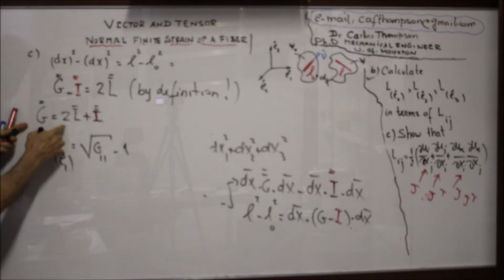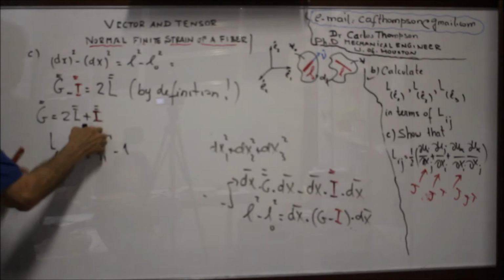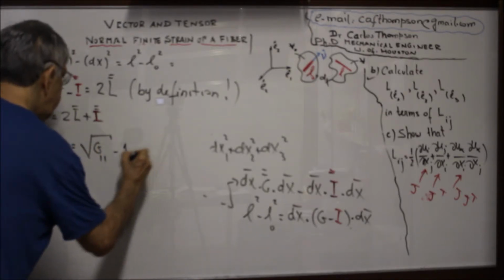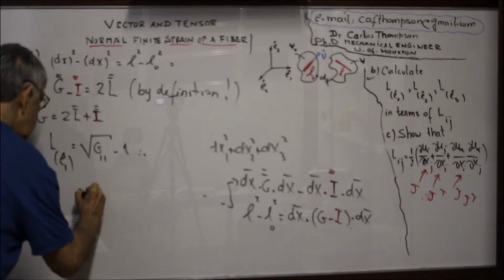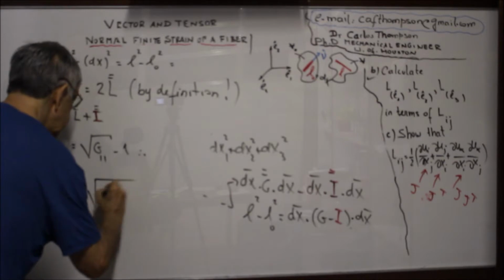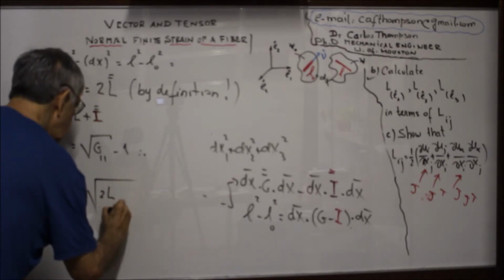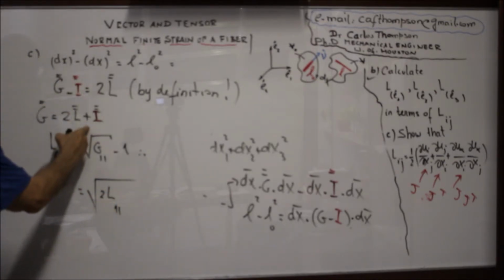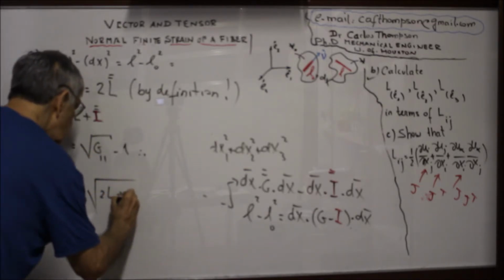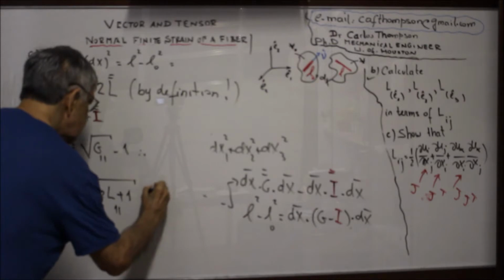I can substitute G11 by this right-hand side over here. So this will be square root of G11, in this case, 2L11 plus 1, minus 1.